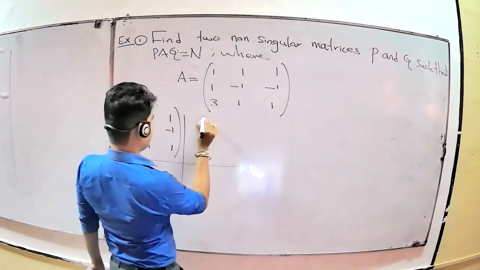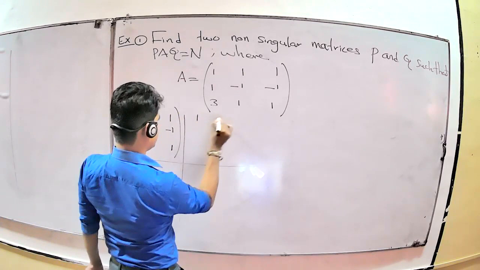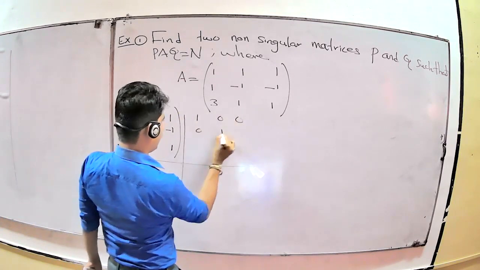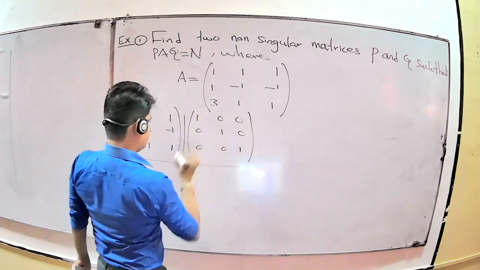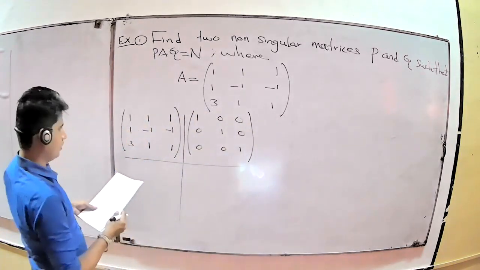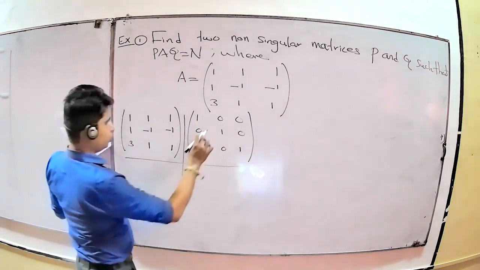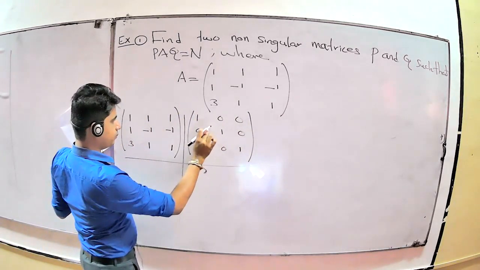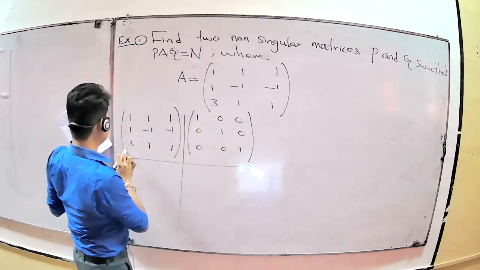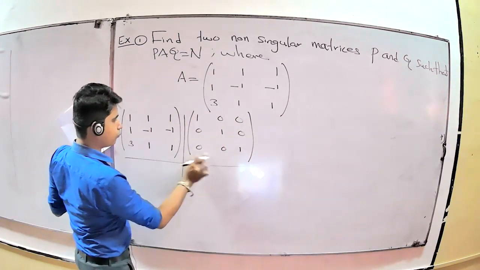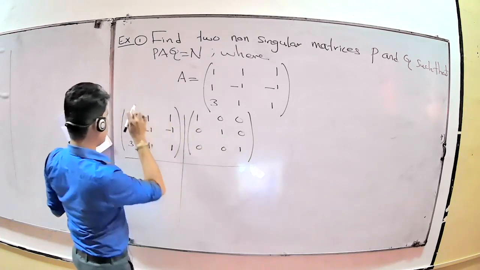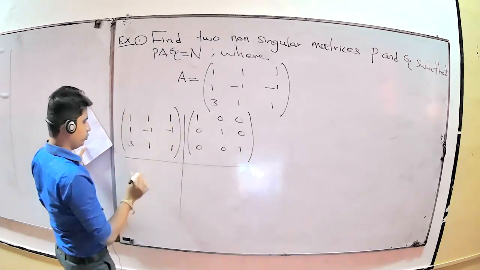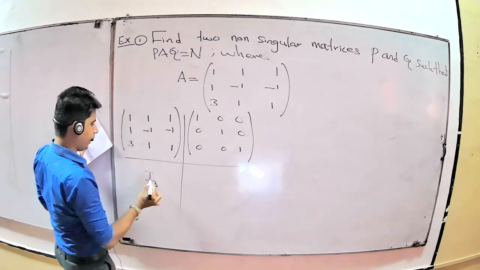Therefore, you put a 3 cross 3 identity matrix first, because the number of rows equals 3, so the square matrix has size 3 cross 3. Suppose the number of columns is 3, you can put I3 here also.